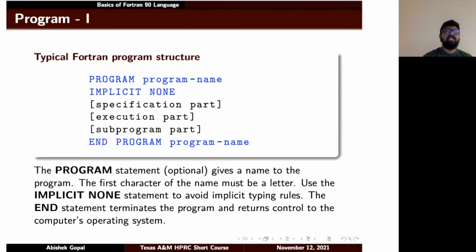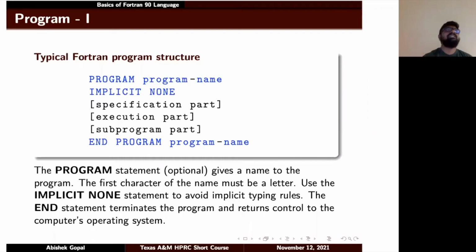So who is executing the object code? It's the operating system. In our case, on Grace, it's a Linux operating system, a CentOS operating system. But you could equally compile this on Windows or a Mac.